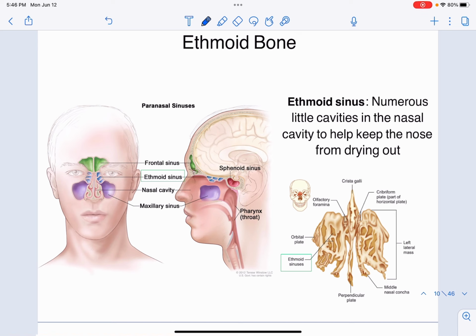And you're going to find respiratory epithelium that is going to line these cavities, all right? They're air-filled. So that's what is highlighted here. All of these little spaces here are the ethmoid sinuses. These are hollow cavities. They're on both sides here.